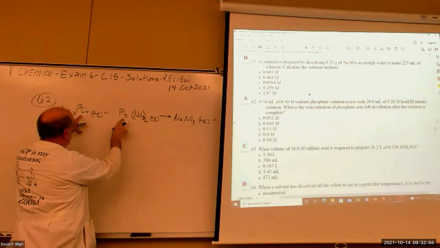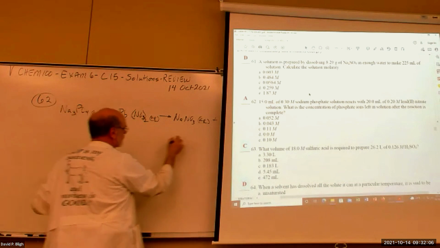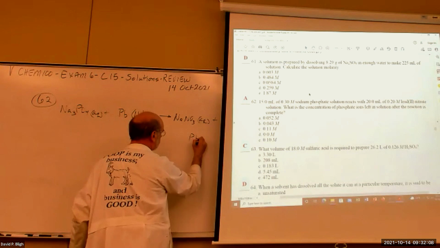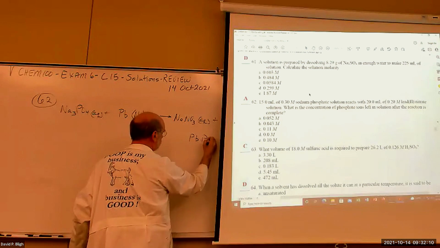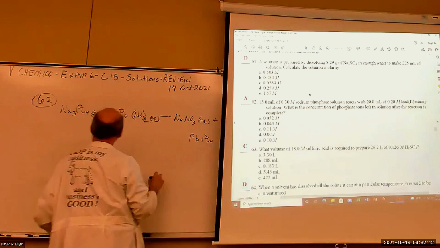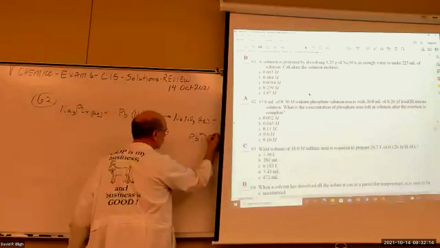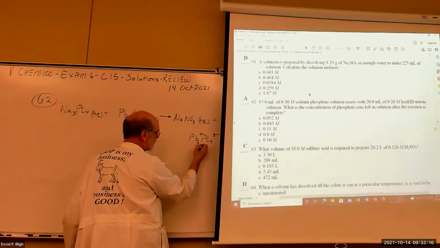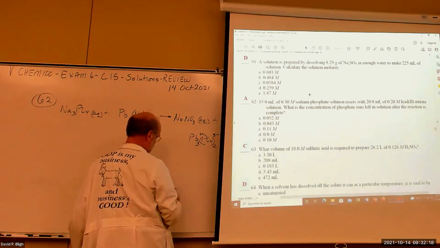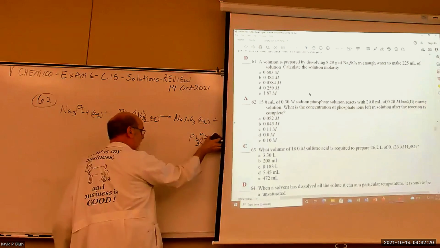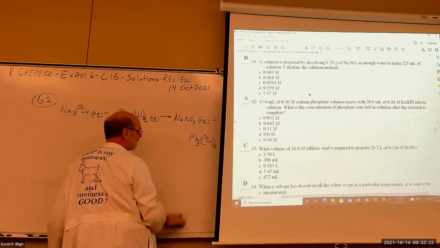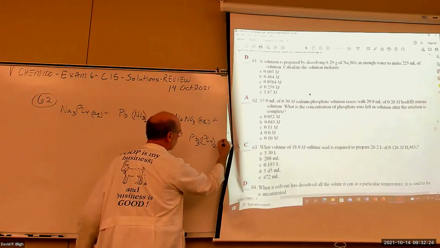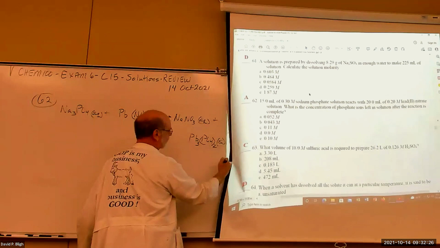Whereas lead 2 phosphate, this is 2 plus and this is 3 minus. This has to be a 3, this has to be a 2. Okay, this is a solid. Okay.